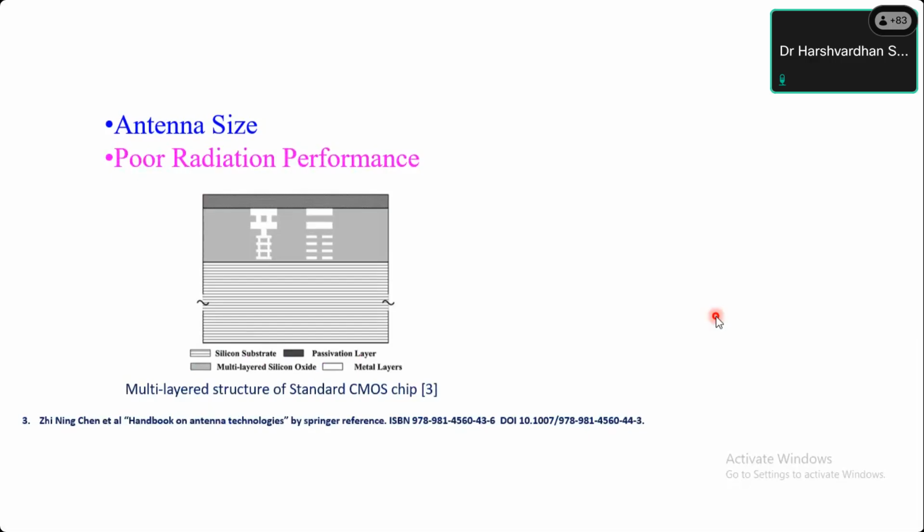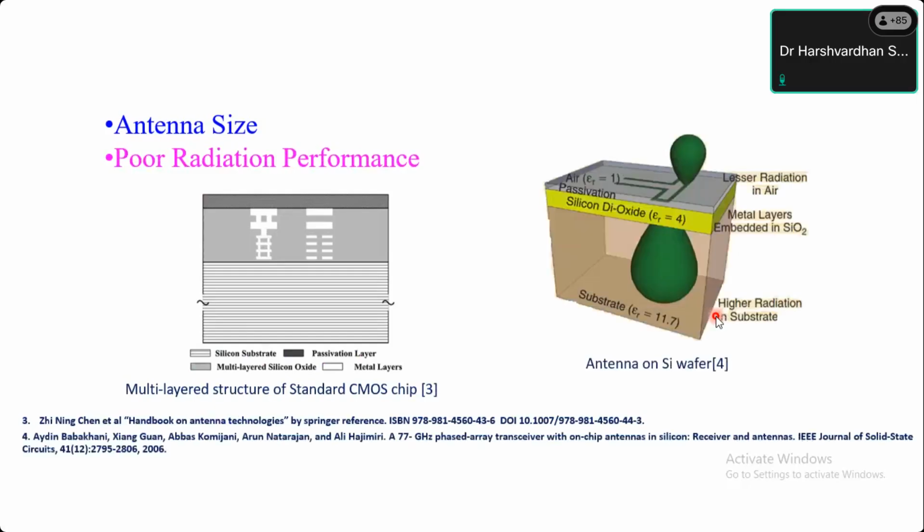But when it comes to the antenna, the problem with silicon is that it has very low resistivity and very high dielectric constant. Now, when the dielectric constant is high, what will happen? A high substrate dielectric constant and low resistivity are both harmful for the antenna design.